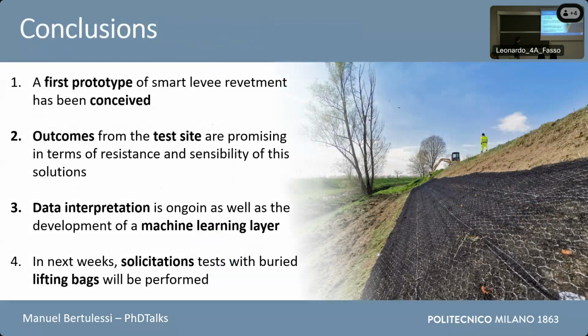In the next weeks, we had some problems with the solar power system, so we have to postpone this phase. So in the next weeks, solicitation tests with a bearing load bag will be performed on site in order to enhance the knowledge about the response of this system. Thank you.